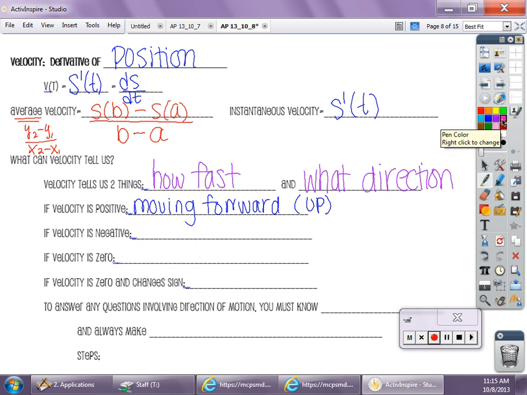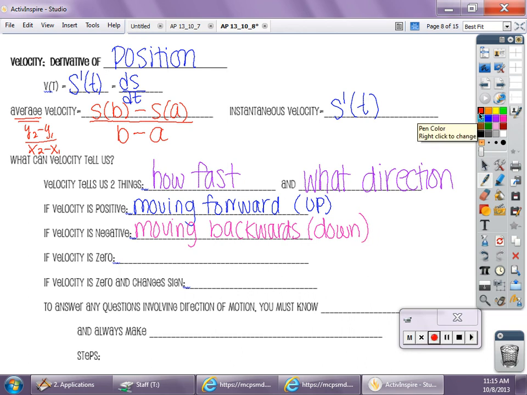Therefore, now that you know that, velocity negative, moving backwards. Which, if we're talking about up and down, that would be the down motion. Velocity is 0. Remaining still, not moving, stopped, any of those. I will take any of your answers there.